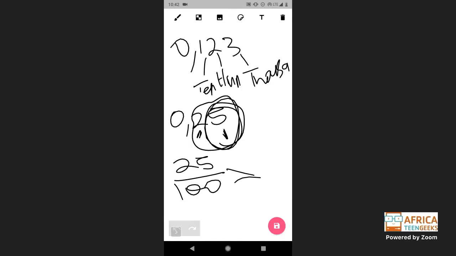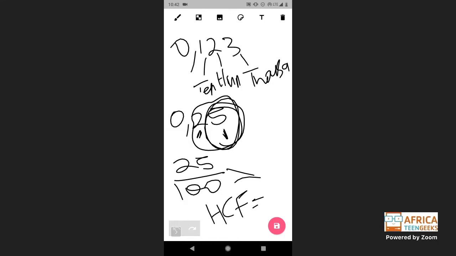So it means we are correct. You see how easy this one is? You just need to know where your 1, 2, and 3 stand. That's it. Okay, so let's simplify this one then. When we simplify, we must get our highest common factor. What is our highest common factor for 25 and 100? It must be a number not above 25, because our lowest number is 25.